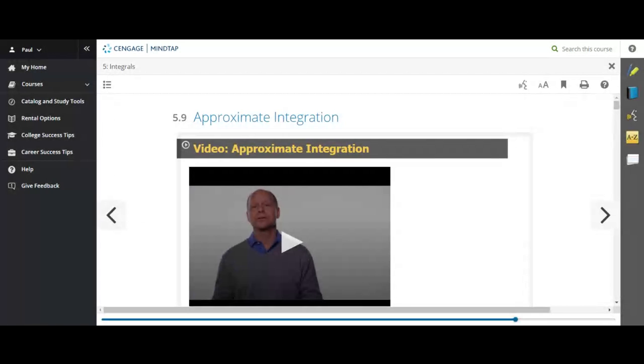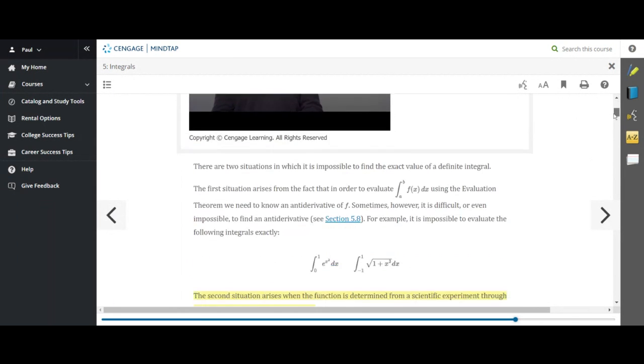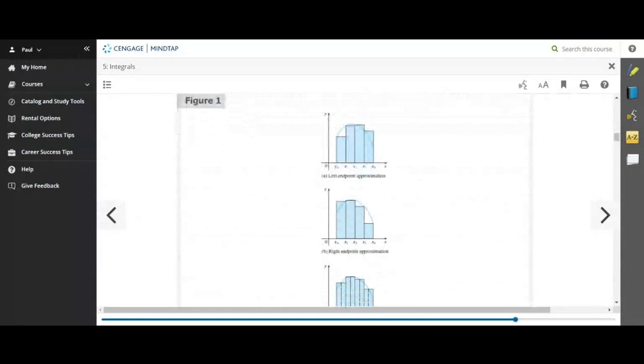We talked in the last class about how we can approximate integrals using some different rules. And of course, we looked at figure 1, and we saw that we could define the heights of rectangles over an interval using left endpoints of each subinterval. That's figure 1a. In figure 1b, we could define the heights of rectangles using the right endpoints of each subinterval.